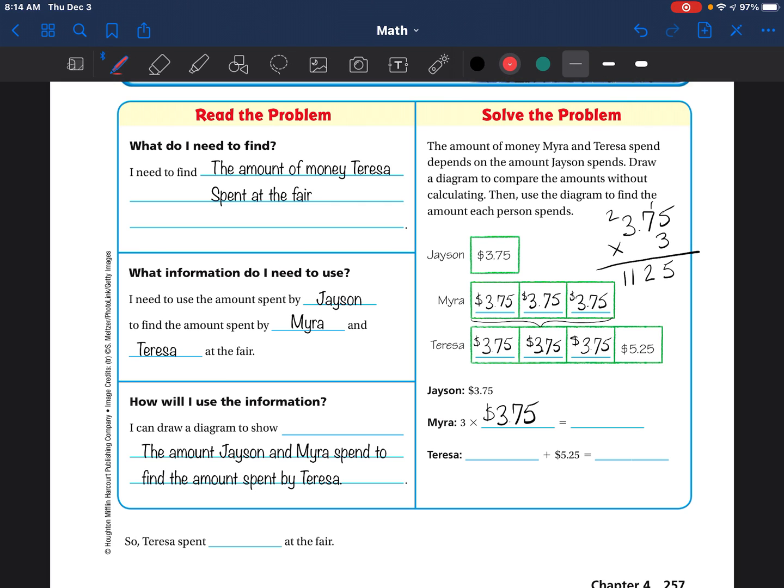Now remember, I have 2 decimal places, so I move it in 2 places. And I have the amount for Myra at $11.25.